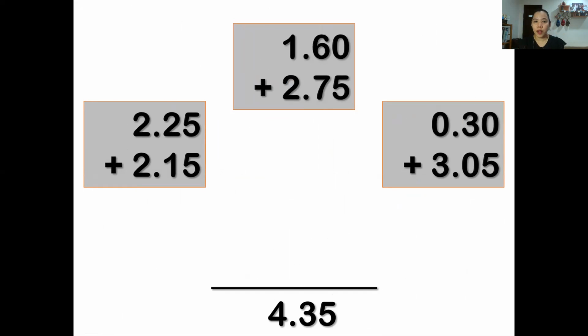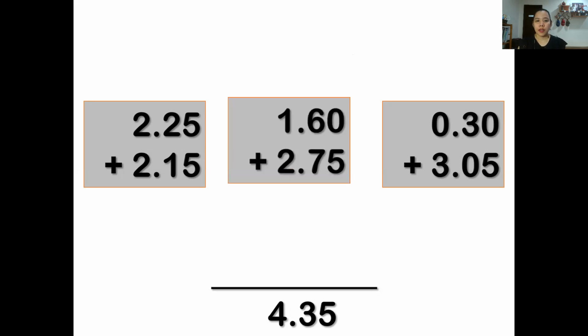If you can see the correct answer, you point to it and say it. So for example, if the correct answer is $1.60 plus $2.75 is equal to $4.35, you point at that and then you say $1.60 plus $2.75 is equal to $4.35.